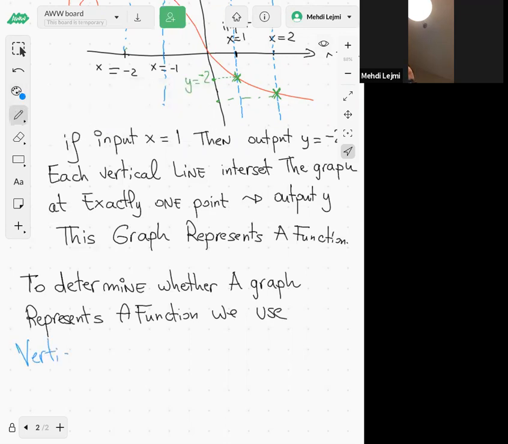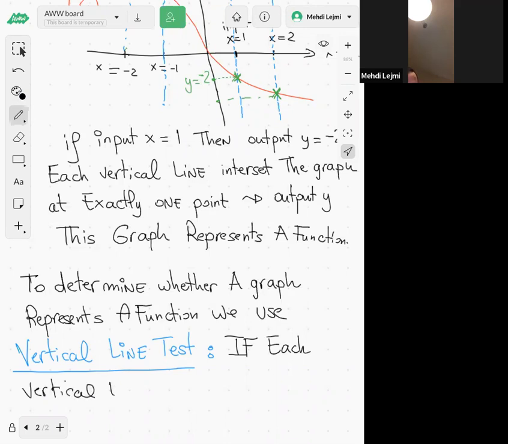So what does the vertical line test say?